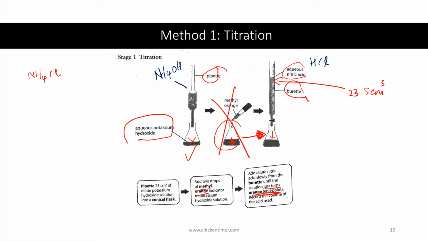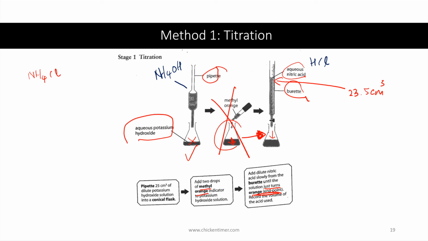Then put the pipette with 25 cm cube of ammonium hydroxide into a conical flask. Add 2 drops of indicator to the ammonium hydroxide. Good.